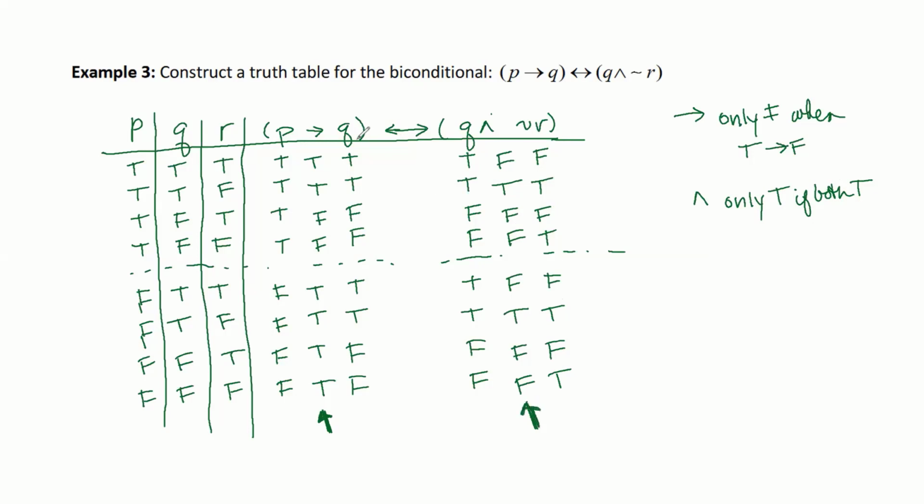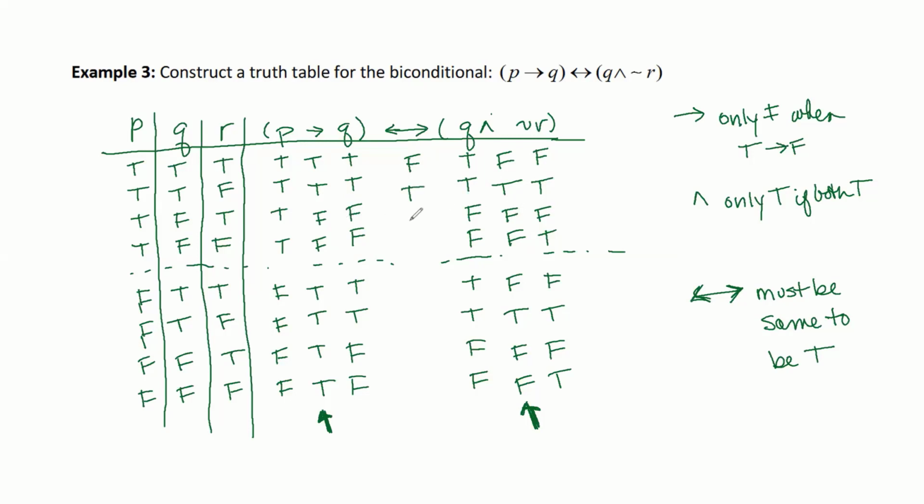So now with the if and only if, we are comparing the results of the first parentheses with the results of the second parentheses. Let's remember how if and only if works. The biconditional, they must be the same to be true. So looking at true here, false here, it will be false because they're not the same. True, true will be true.